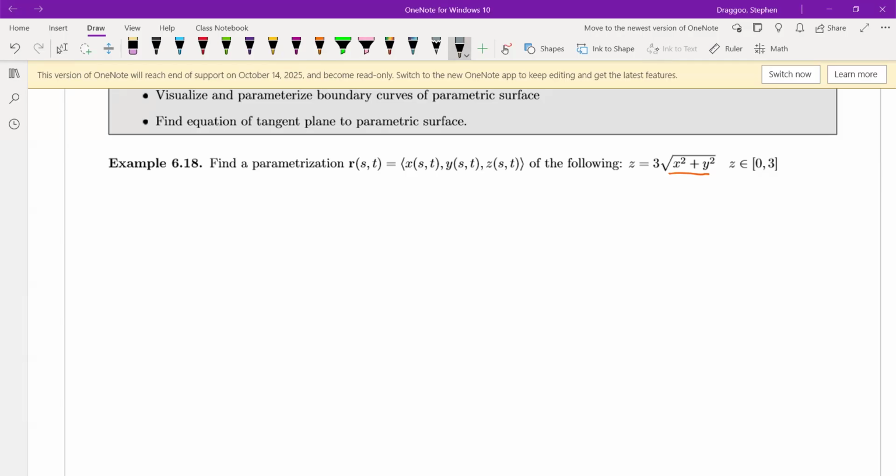Anytime I see something like that, I'm starting to think about polar coordinates. So I think that x squared plus y squared looks an awful lot like polar. So I'm already going to start thinking about that as a likely choice for my parameterization. Maybe I'm going to go cylindrical coordinates. Maybe I'm going to go spherical coordinates. Don't know exactly yet, but I'm seeing some things that are making me think polar.